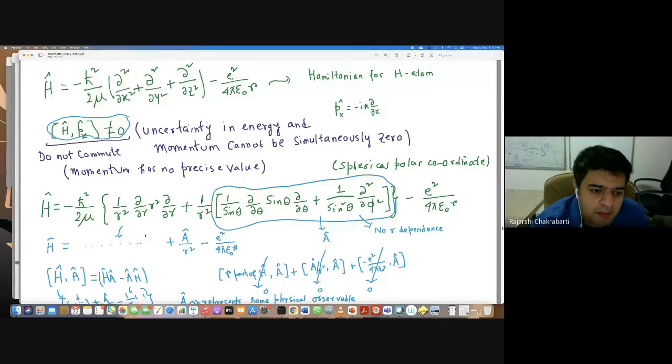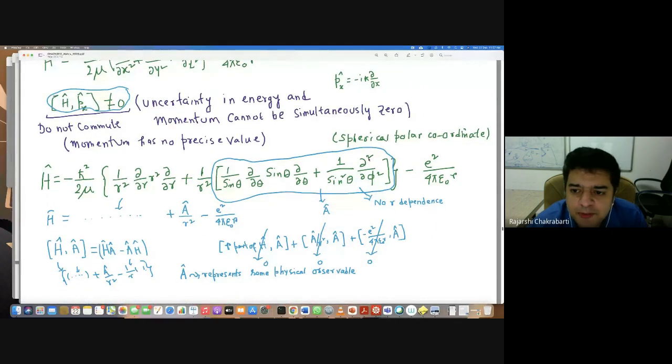So your Hamiltonian has a radial part. Can you see this is a radial part? It depends only on r. This is a constant. And then you have this part, which is a function of theta and phi, with no r dependence. I'm calling this part operator A, divided by r square, because they have a 1 over r square factor.